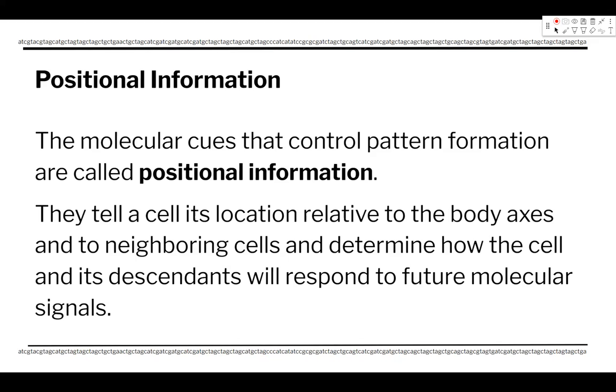Once we've got the general body plan figured out, we don't need those genes anymore. But we do need to keep them around so that if an organism ever procreates, it can send that information to the embryo. So positional information helps a cell figure out where it is in an embryo, and it can create patterns through that.